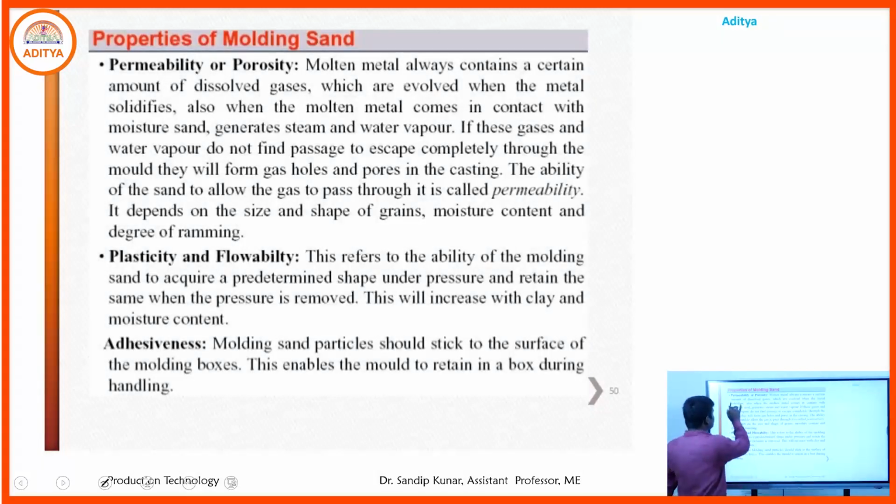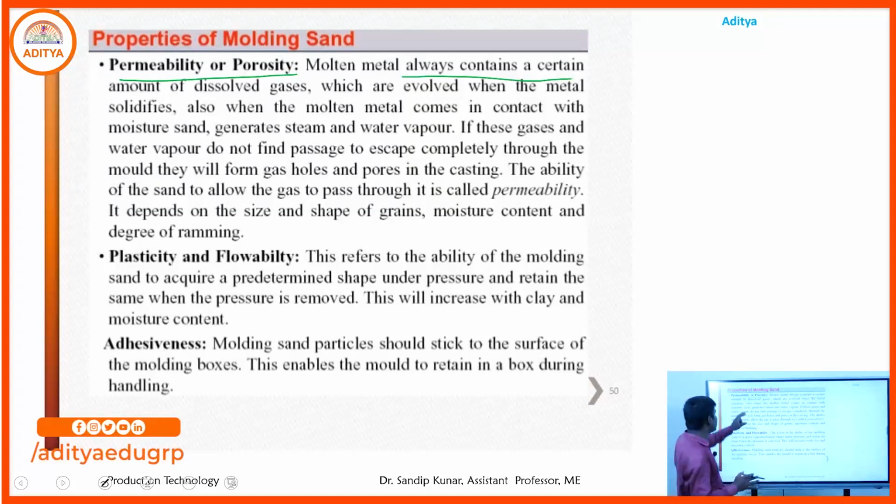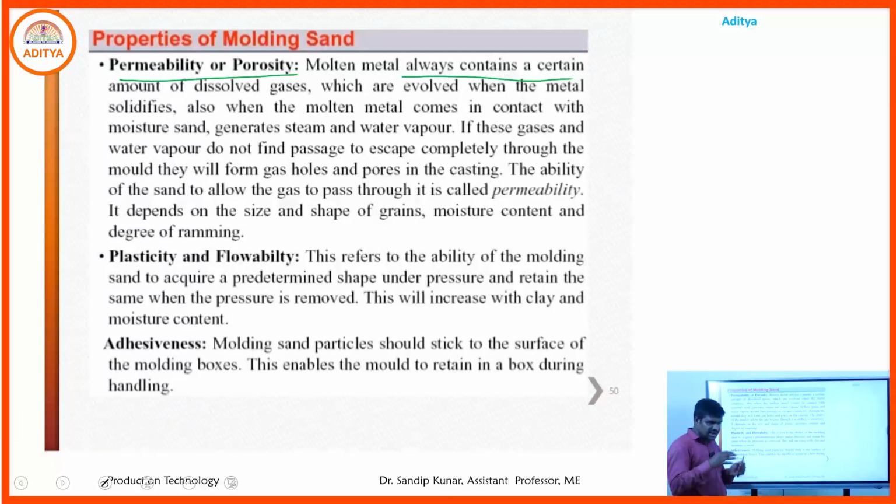Another property of the molding sand is permeability, meaning porosity. As already told, molten metal always contains a certain amount of dissolved gases, and when it comes in contact with the mold surface, steam or water vapors are created. These want to come out of the casting, searching for voids through which they can escape to the outer surface.